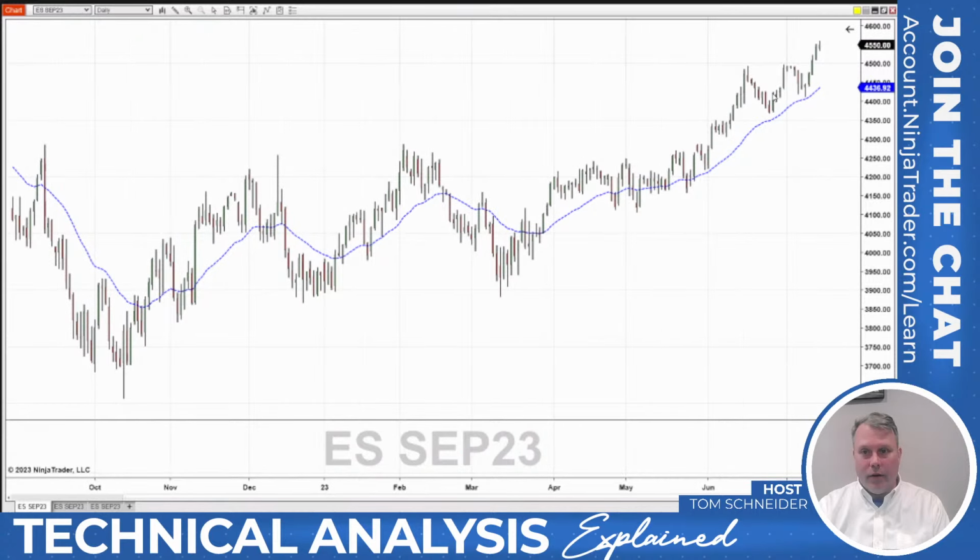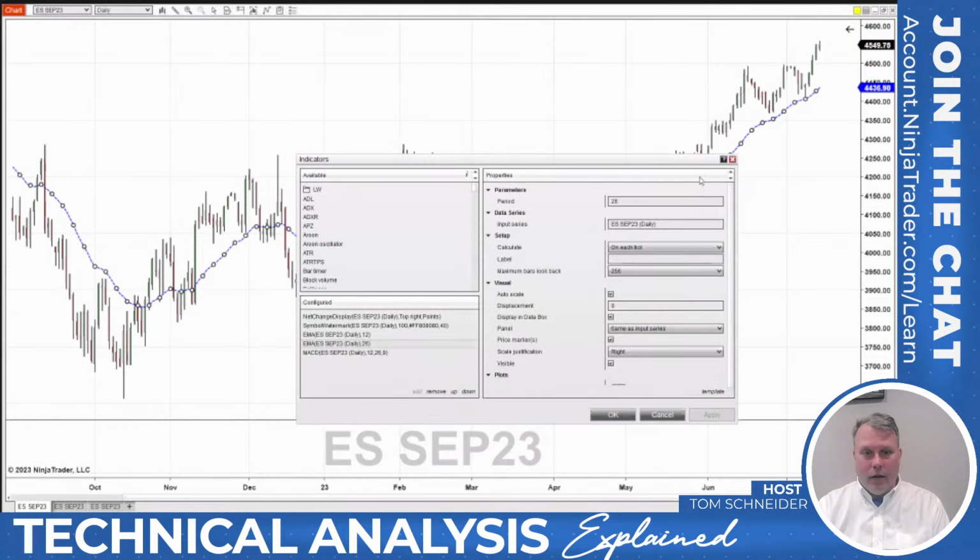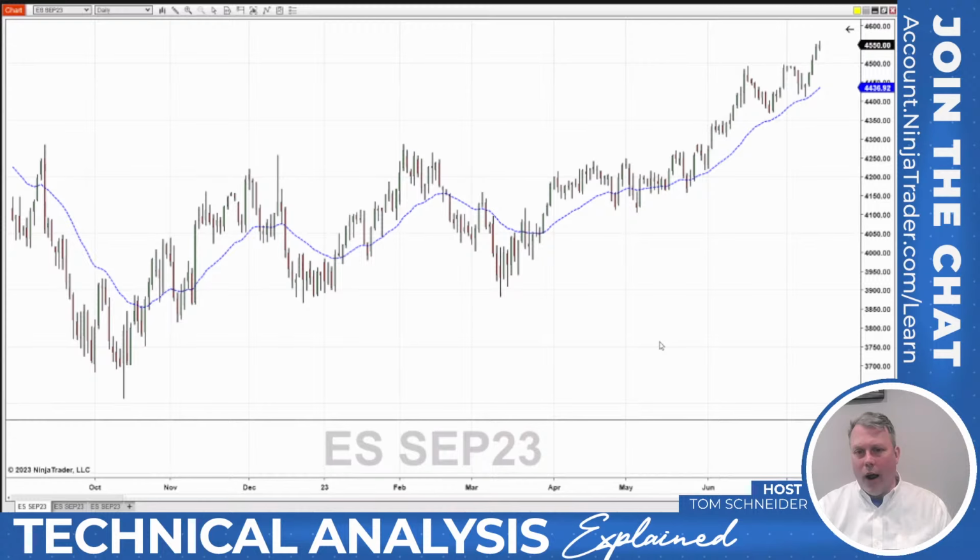Now, what is this moving average? Let's double click, and it tells me right here, this is a 26 period exponential moving average. Now, it's not so important to understand why he used 26. I believe it's just a matter of going through the data and finding out what worked for him.